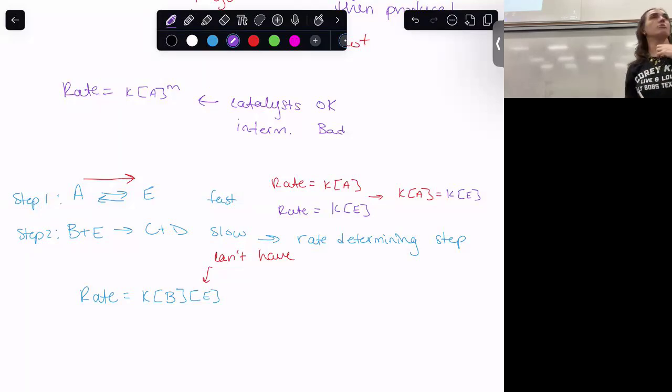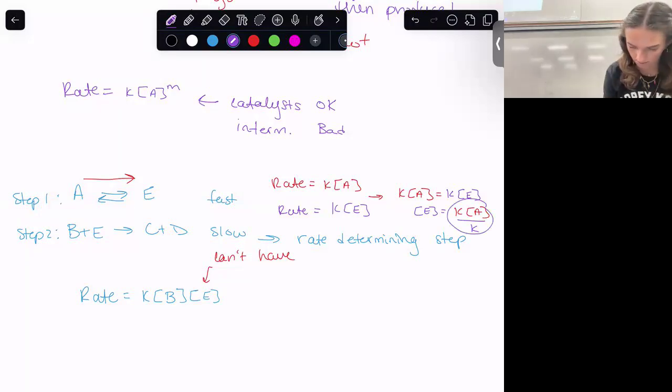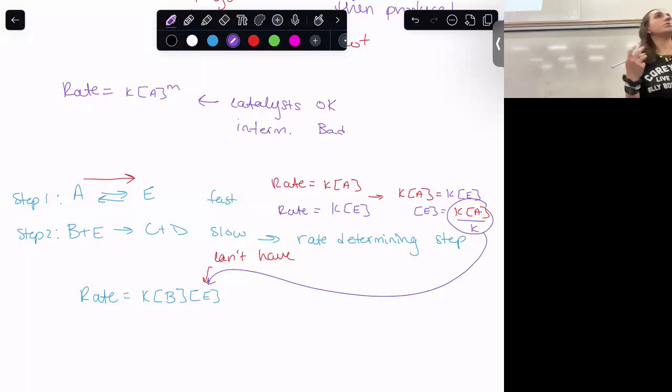Right, if we considered E a variable that we were trying to replace, what could we do? Replace E with the... Yeah, right, we can solve for E in our purple and red equation. We can say that the concentration of E is equal to k times [A] divided by k. We can then take that whole thing and plug that into the E that we don't want.